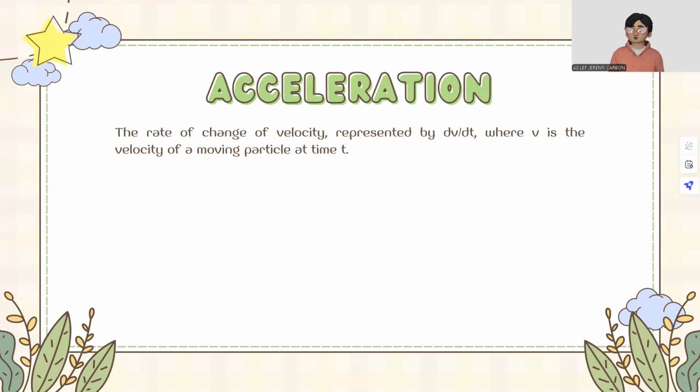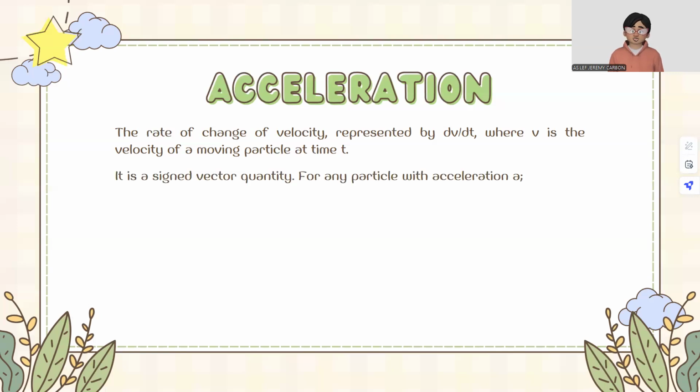As such, when solving for displacement, velocity, and acceleration, so long as you have one equation for any of the three that I've said, you can solve for the others through integrating and deriving the formula to get the appropriate equation, often represented by dv over dt, where v is, of course, the velocity of a moving particle at time t.